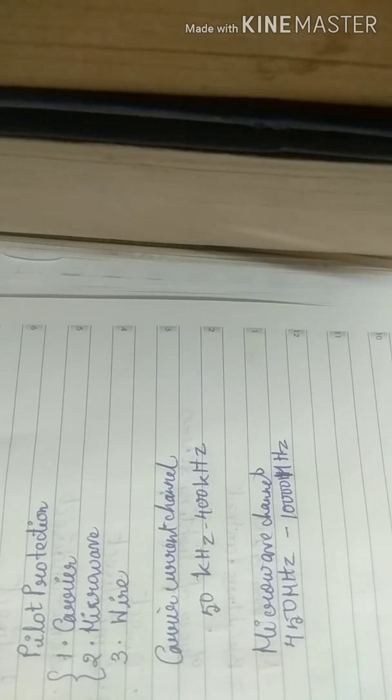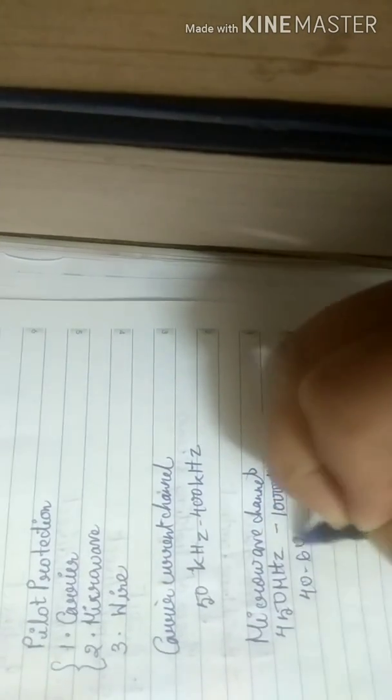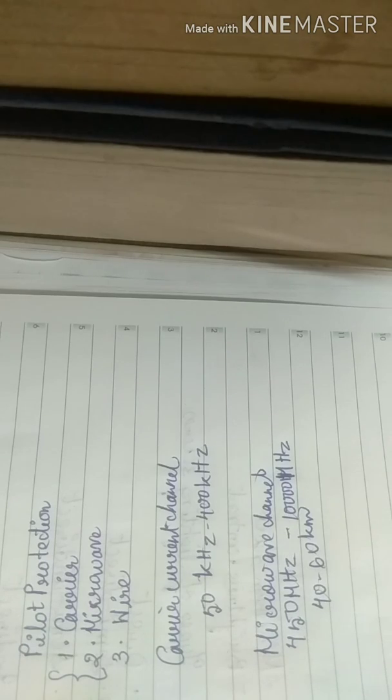This limits the length of microwave channel to 40 to 60 kilometers only. In case of long distance transmission lines, the signals are beamed by antenna from point to point.